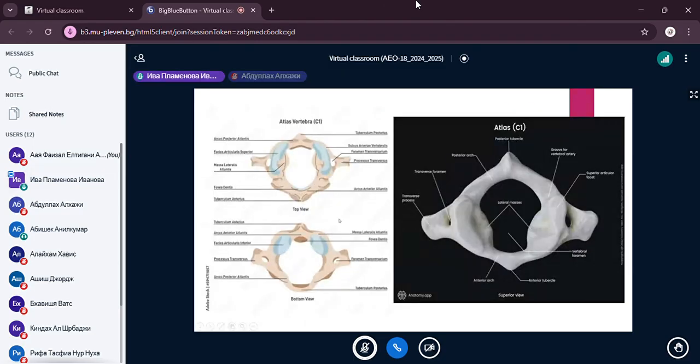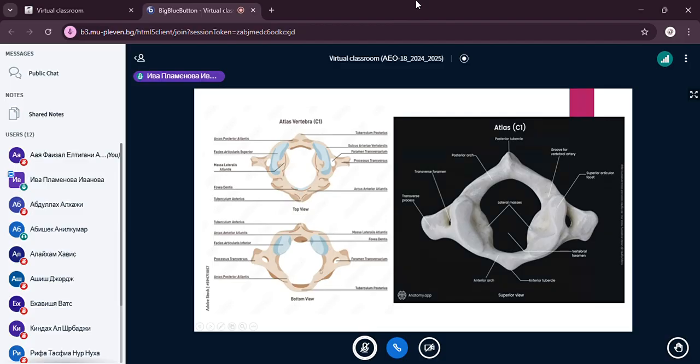So, again, that's the atlas. Again, anterior tubercle, anterior arch, fovea dentis, the articular surface for the C2. Here is facies articularis inferior. Here is superior. Massa lateralis, of course, here and here.